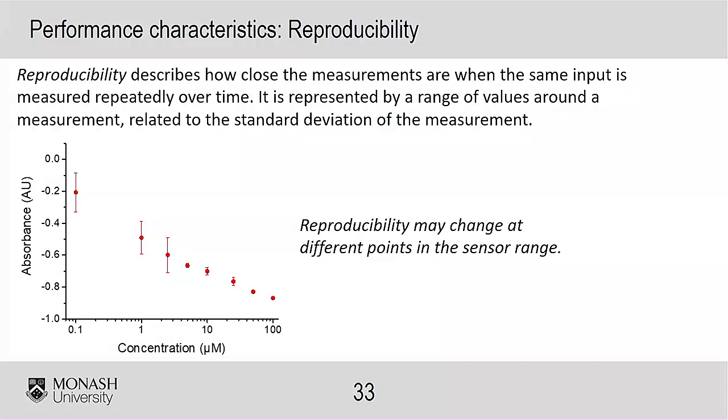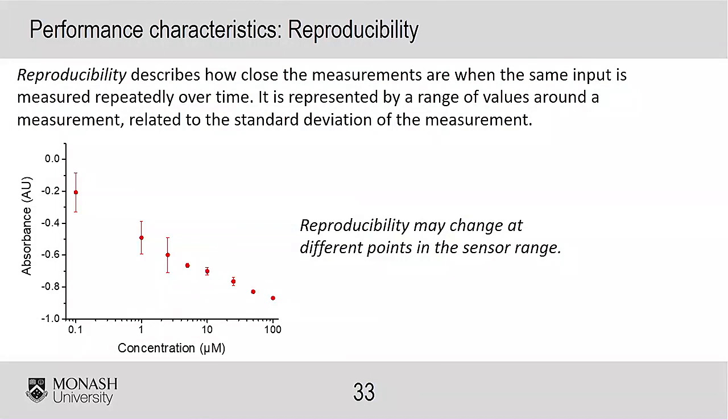Reproducibility is another important thing to consider. We won't go into it a huge amount today. Again, it's probably a little bit beyond the scope of what we're doing. But it essentially describes how close the measurements are when the same input is measured repeatedly over time. So reproducibility should be able to include human factors as well. Repeatability doesn't, or doesn't include multiple users.